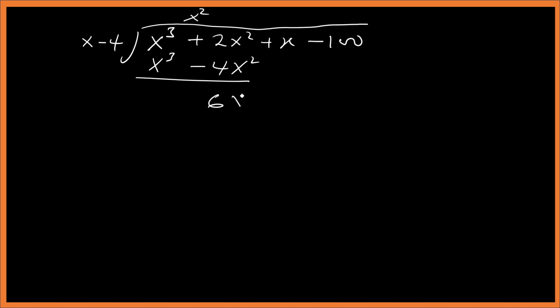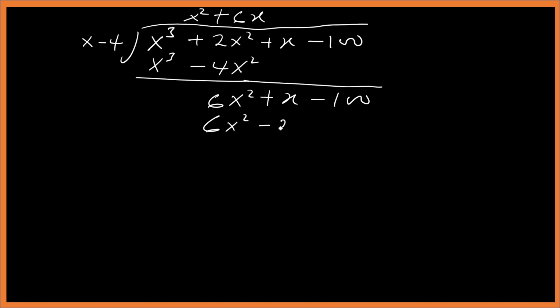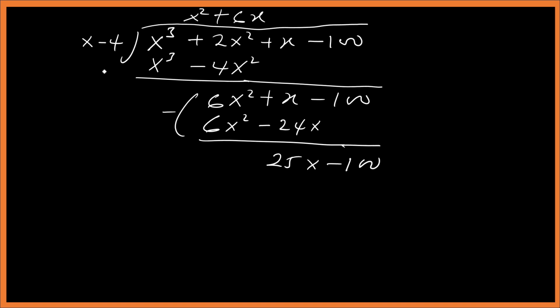So we have 2 minus minus, plus, we have 6x squared plus x minus 100. x in this will be plus 6x. So we have 6x squared minus 6 times 4, 24x. So we have this minus, that's 0. x minus minus plus, we have 25x minus 100. x in this is plus 25.